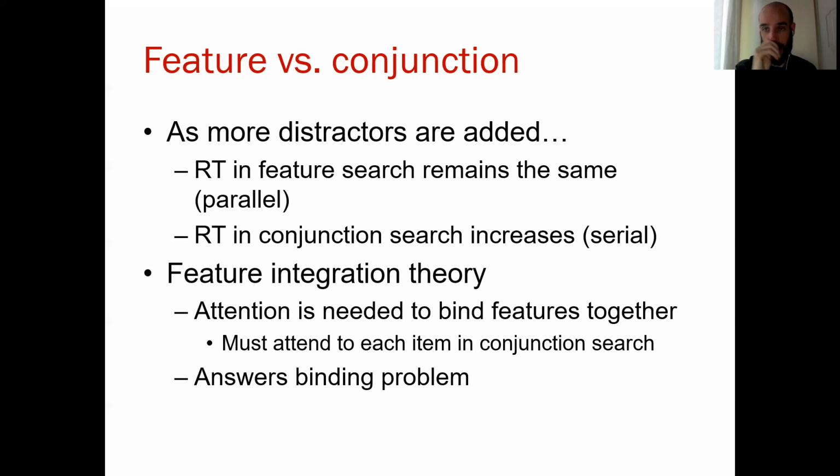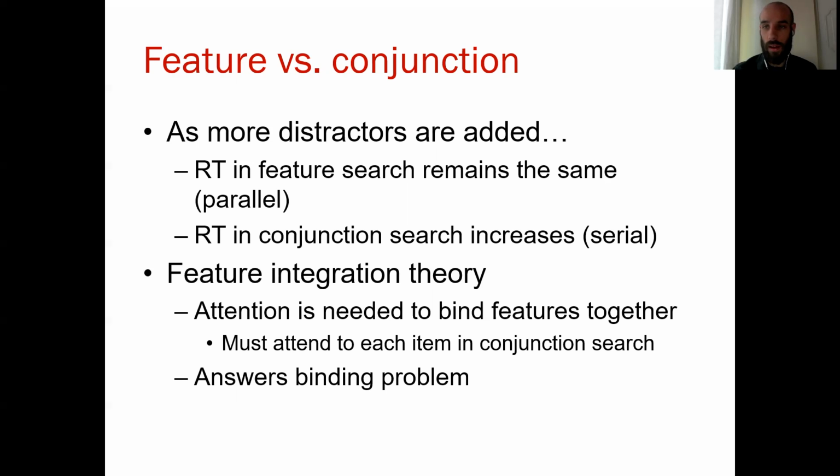So that's a really stark difference compared to the feature search paradigm, right? So I only added one more feature, and now suddenly it's taking me longer and longer as I add more. And so conjunction search seems to be serial. It's like we have to pay attention to every item on the screen to see if it's our target, whereas that's not true in feature search.